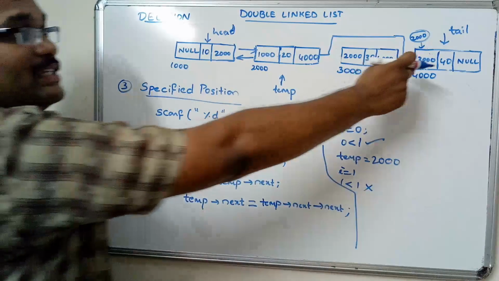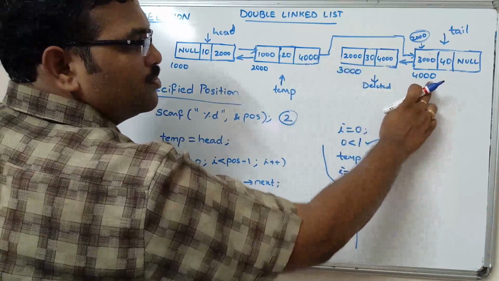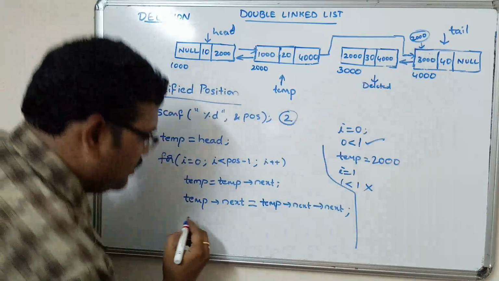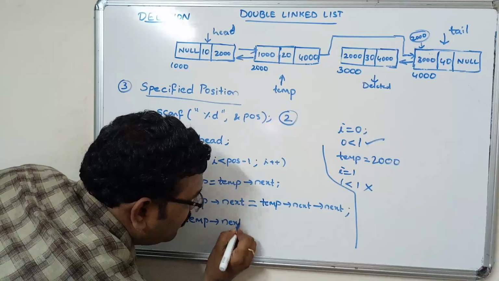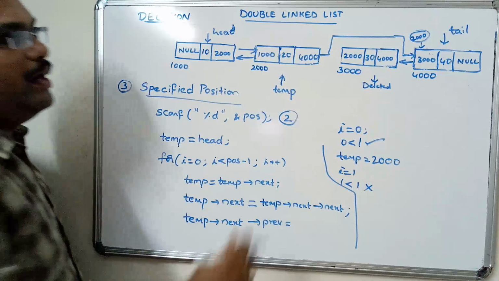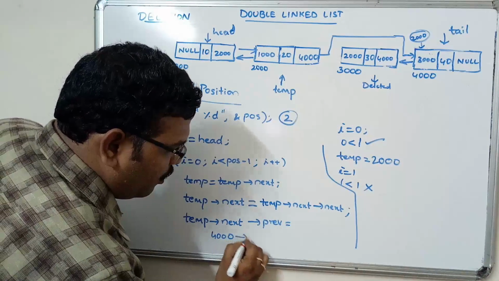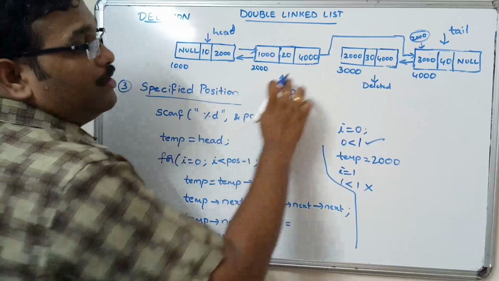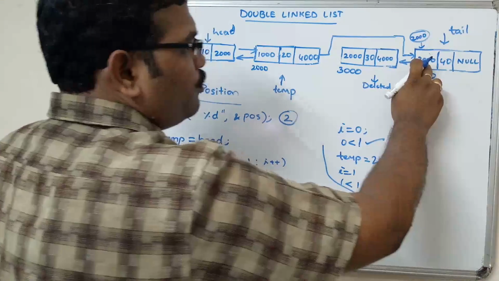Now we have to change this 3000. How to get this one? Temp of next means 4000. 4000 of previous. Temp of next of previous, right? Temp of next means 4000 of previous. 4000 of previous means 3000. In this position what we have to keep?